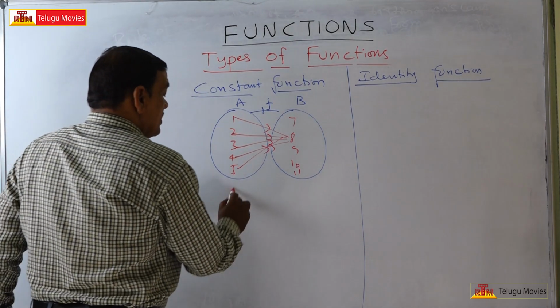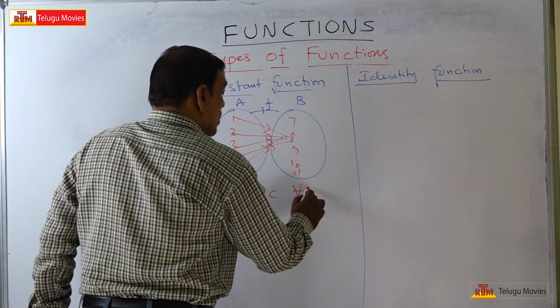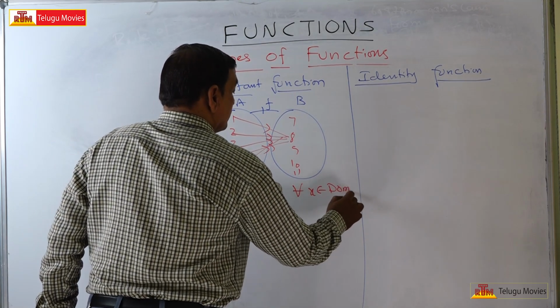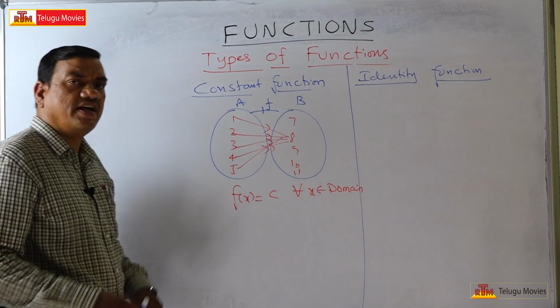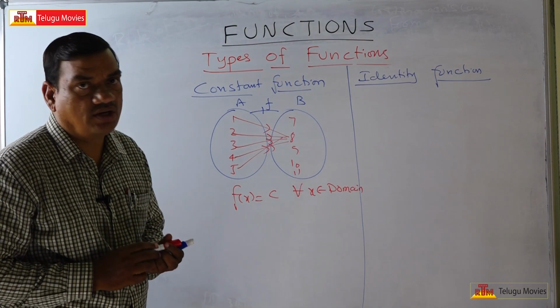That means f of x is equal to some c for all x belonging to the domain. Then f is called a constant function.